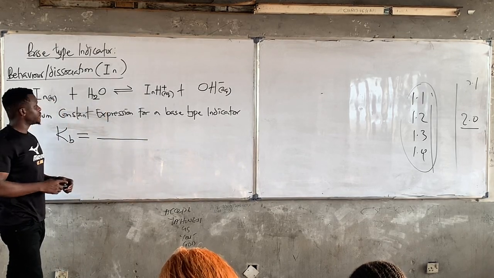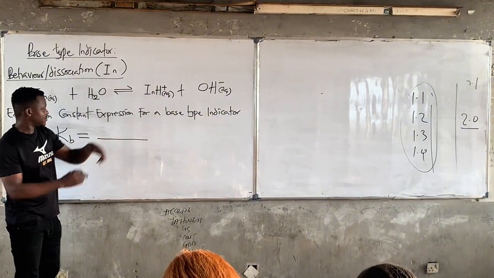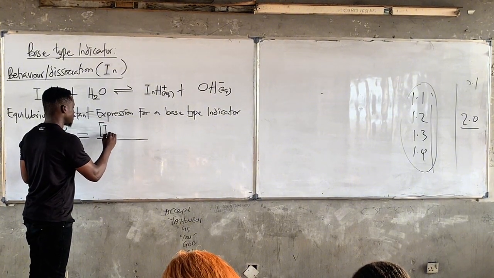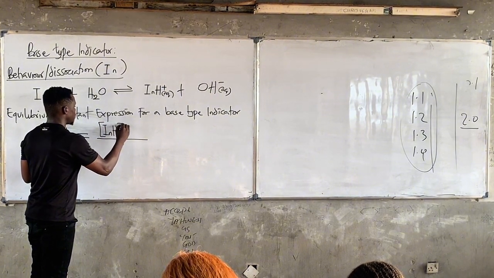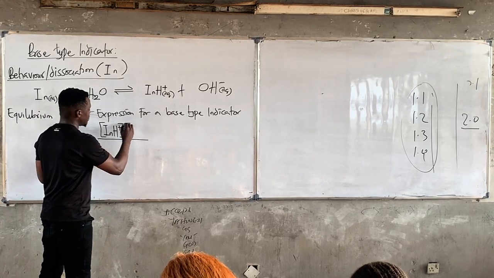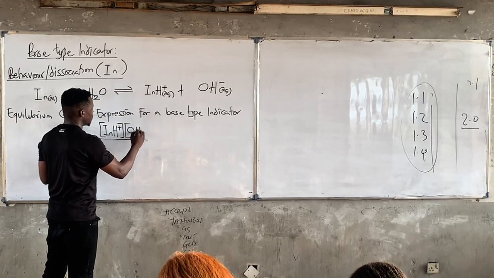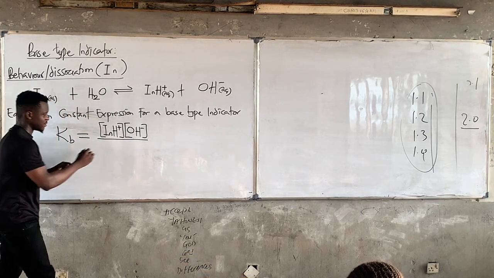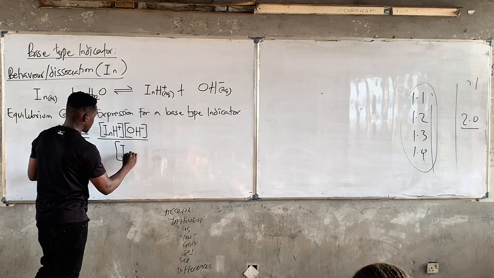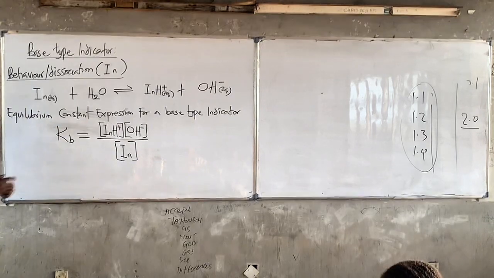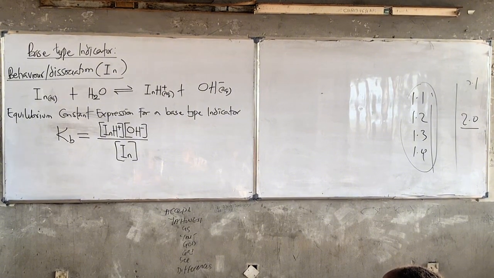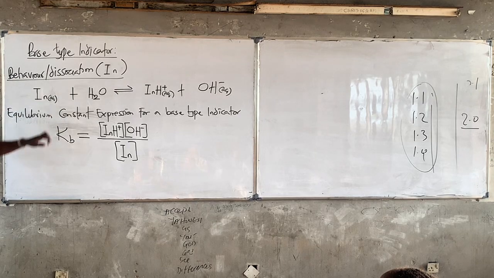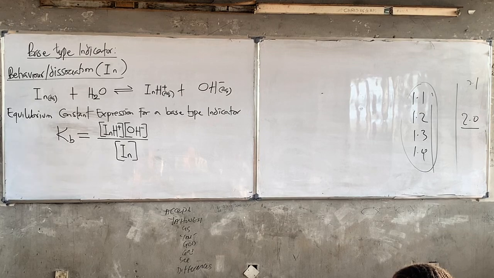Once again, the concentration of the product times that of the other product, divided by this. Once again, we're not going to add water, so this is a constant expression.